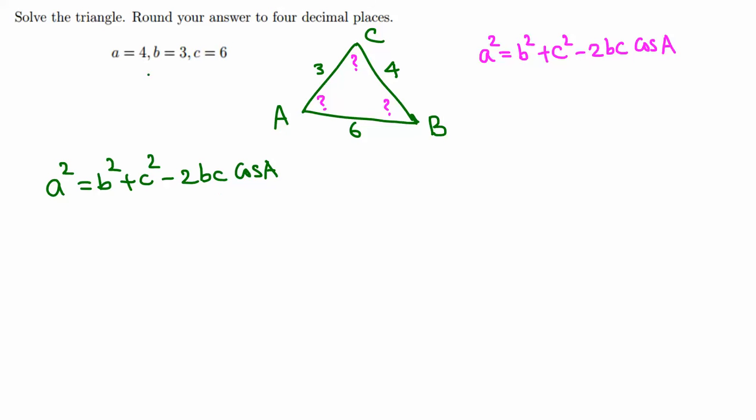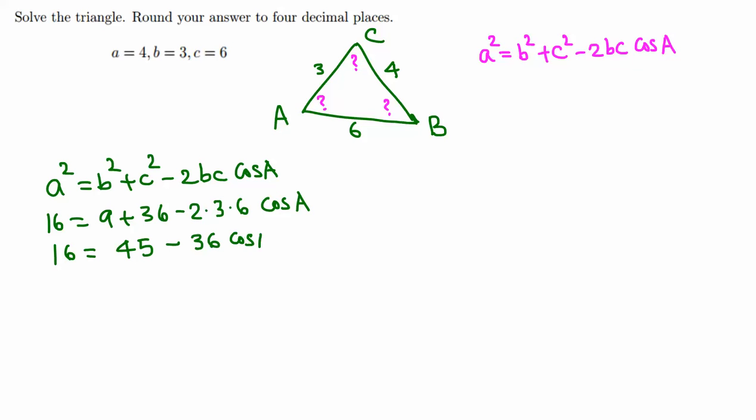A is 4, square 16; B is 3, square 9; C is 6, square 36, minus 2 times B times C, which is 2 times 3 times 6, cosine of A. That's 16 equals 9 plus 36, 45, minus 2 times 3, 6, times 6, 36 cosine A.